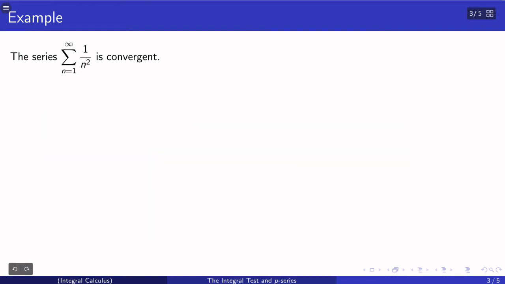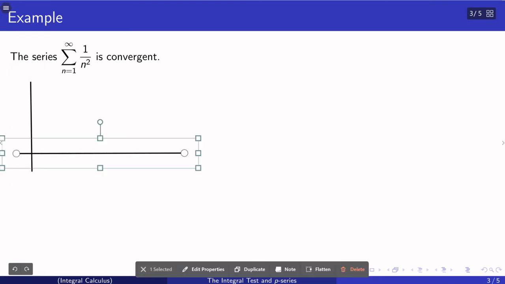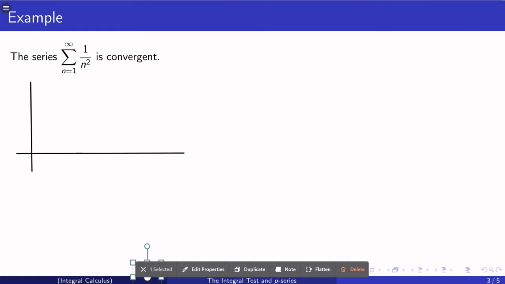Let's change the series to 1 over n squared and see what happens there. I'm going to draw the same pair of axes and graph 1 over x squared, right? So that's my f of x in this case.